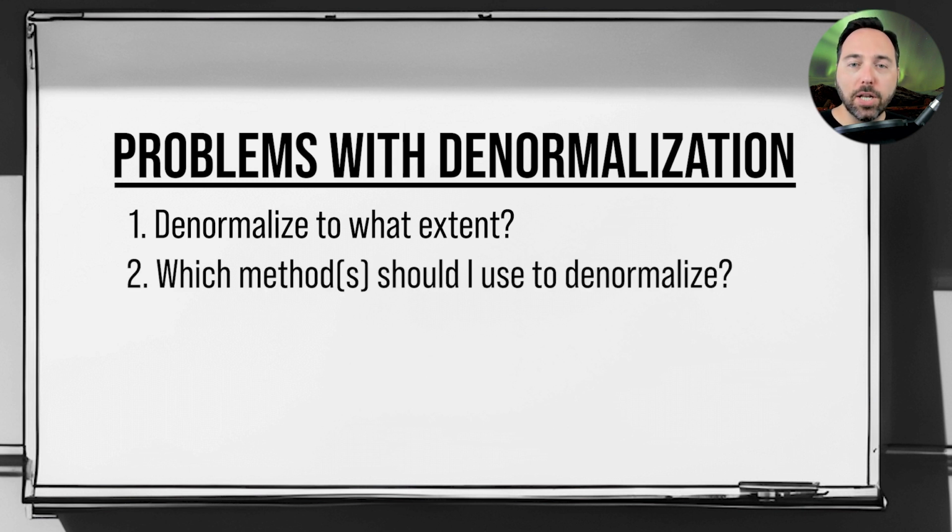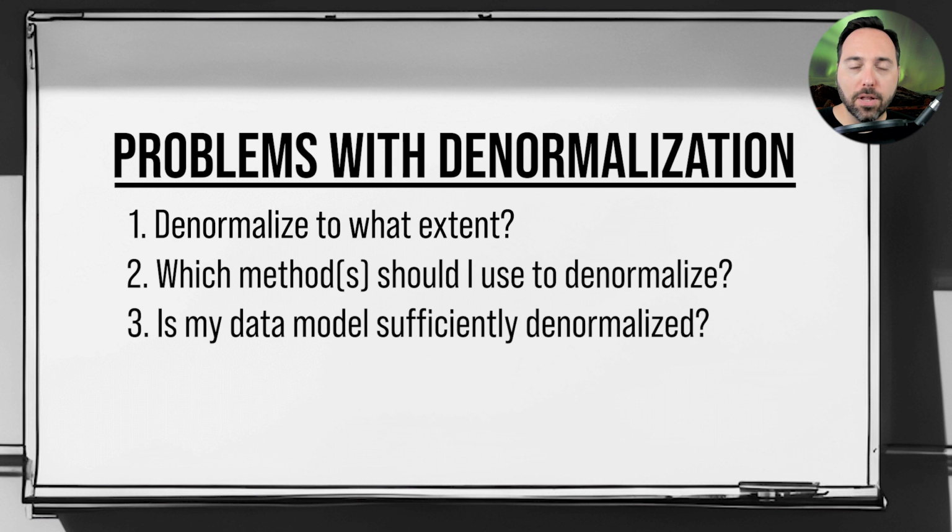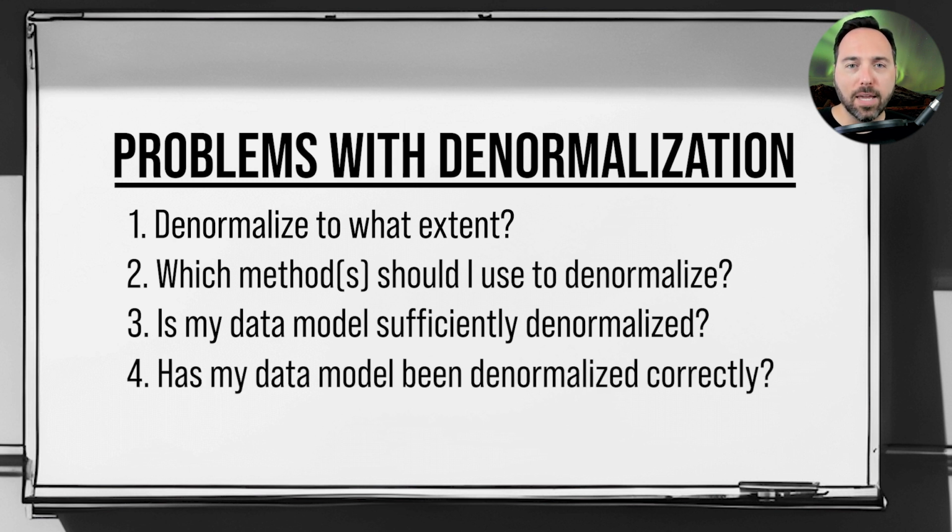Second, which method or methods should I use to denormalize relvars? What formal guidance can you offer? What formal logic can you provide to guarantee success? Third, is my data model sufficiently denormalized? Am I done yet, or do I need to go a bit further? Finally, how do I know that my data model has been denormalized correctly?